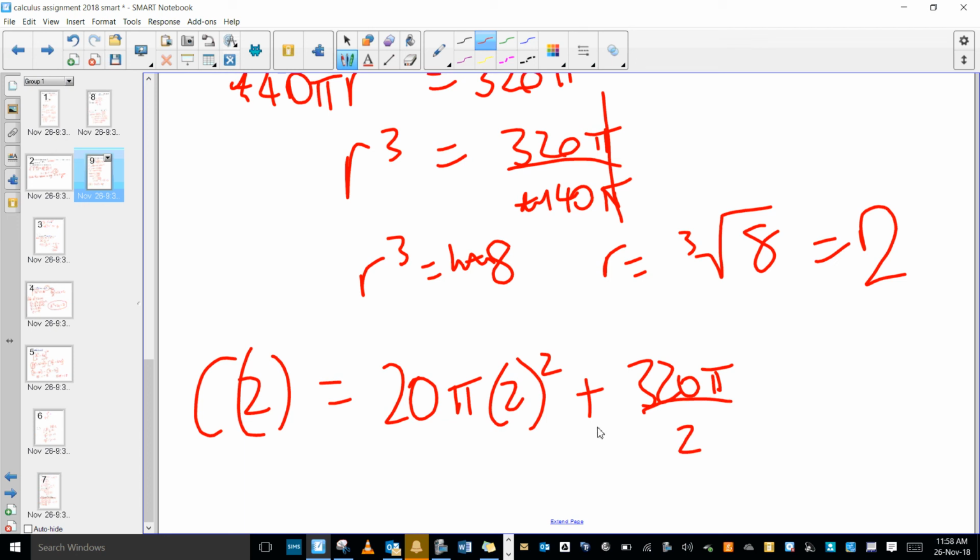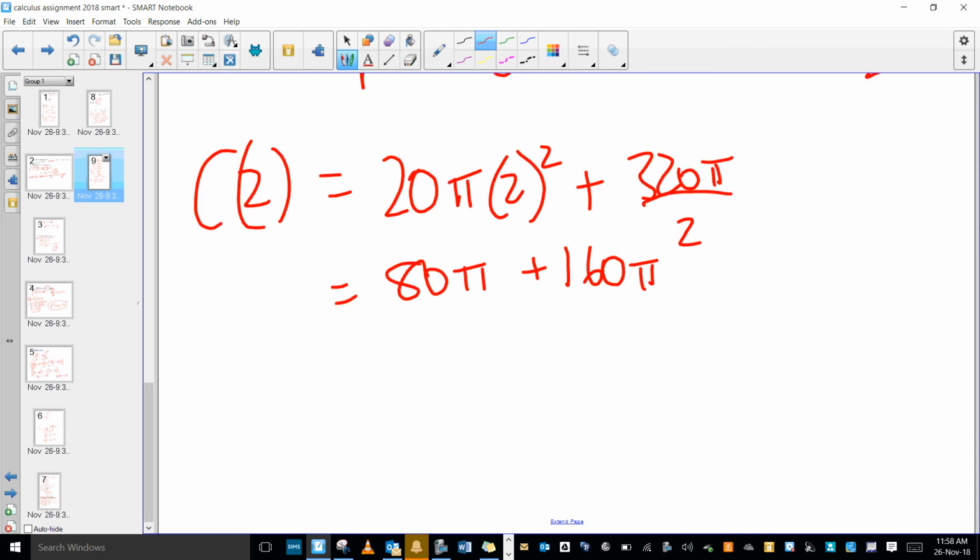Okay, so that's 4 times 20 is 80 pi, and then 320 over 2 is 160 pi, so that gives us 240 pi. Done.